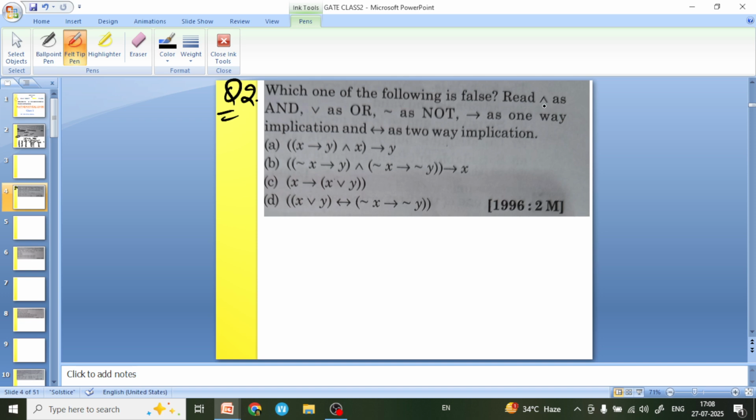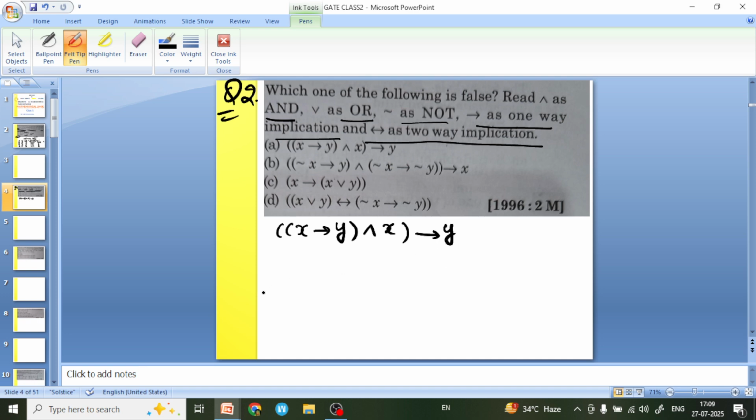Read the conjunction symbol as and, this symbol as or, this symbol as not, this symbol as one-way implication and this symbol as two-way implication, and we have to tell out of these four statements which will be false. We have given x implies y and x, and then implies y.